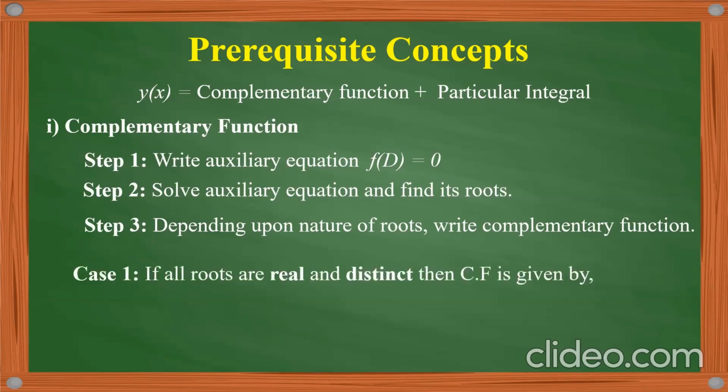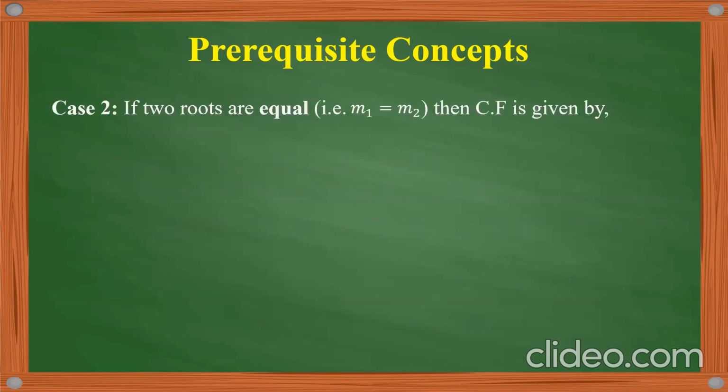Let us have our first case: if all the roots are real and distinct, then we will use this formula. Complementary function is equal to c1 e^(m1x) plus c2 e^(m2x) up to cn e^(mnx), where m1, m2 up to mn are all real and distinct roots.